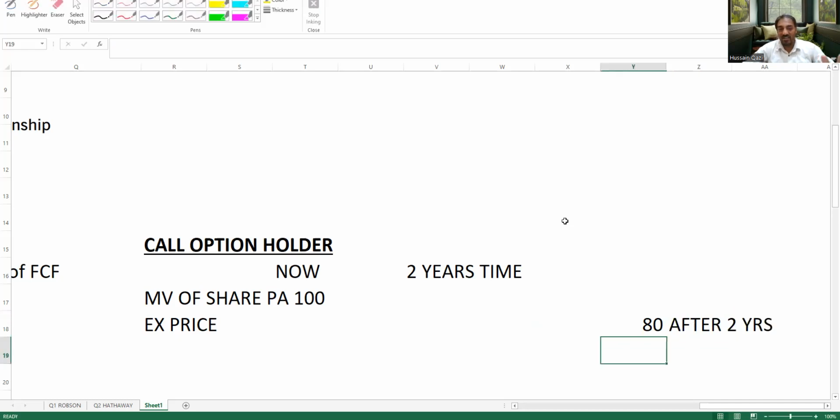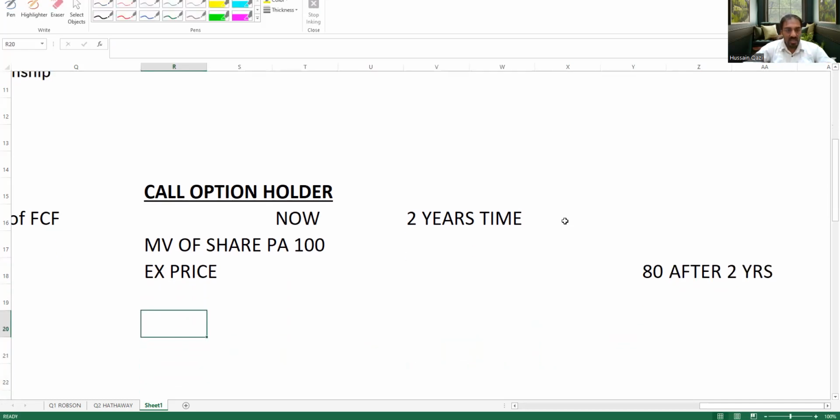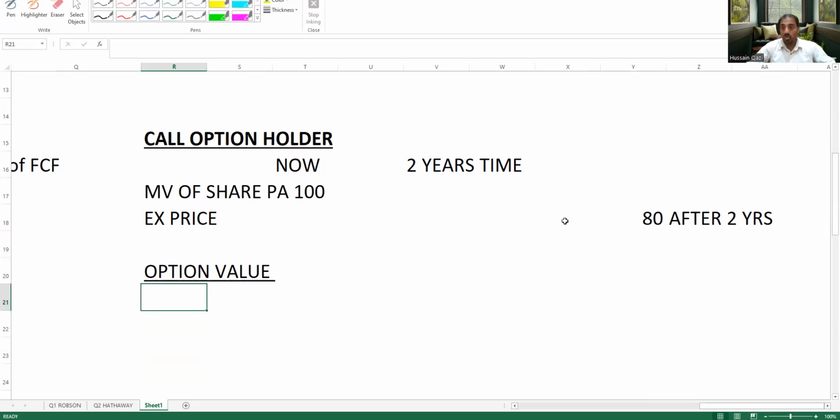So one thing you must be aware of. Whenever we are calculating option value, you require all the variables at now. So PA is by default market value of share, that is present value of future cash flow.